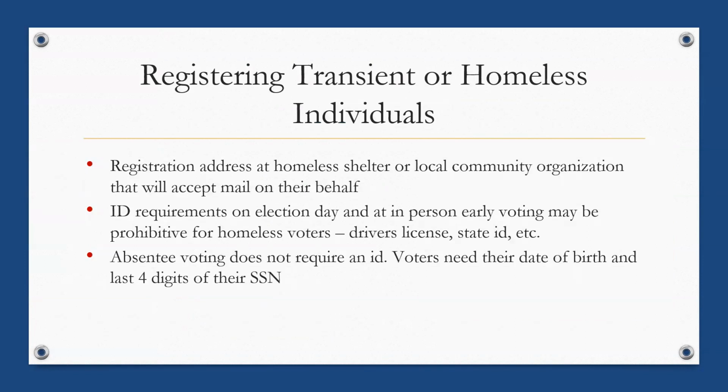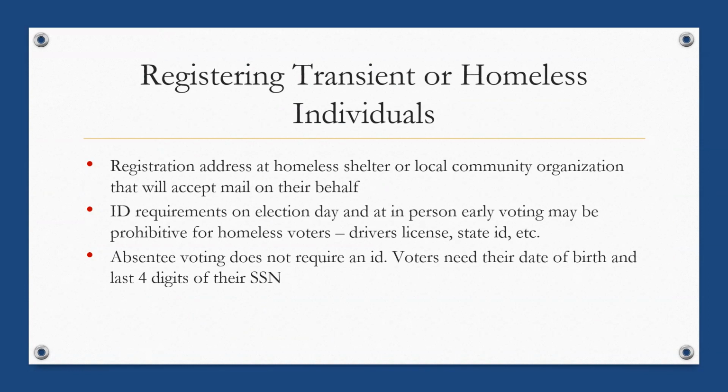And then the other specific community that I wanted to mention was registering transient or homeless individuals. There is some confusion out there that you have to have a permanent living address in order to vote or to register to vote, and that is not the case.